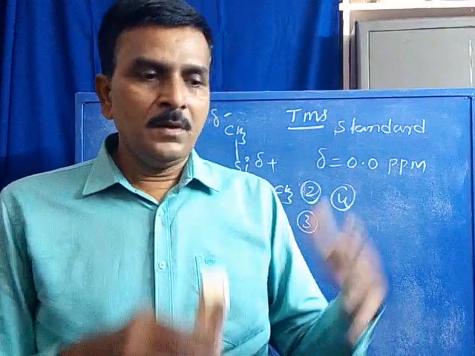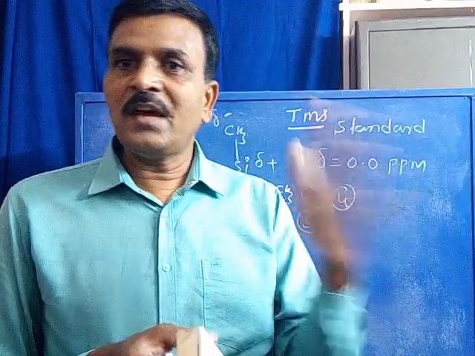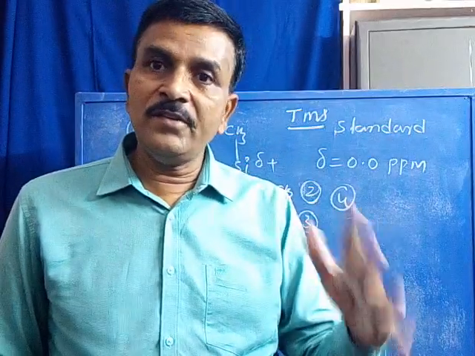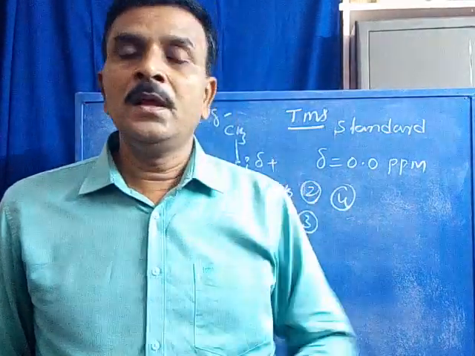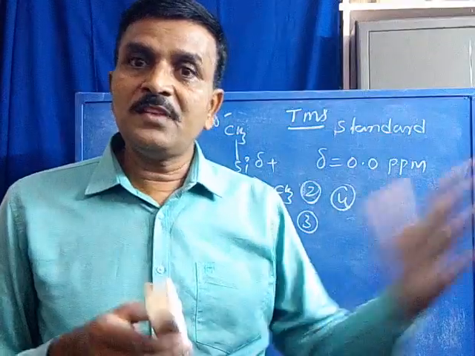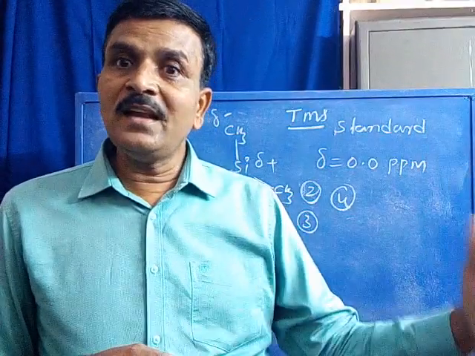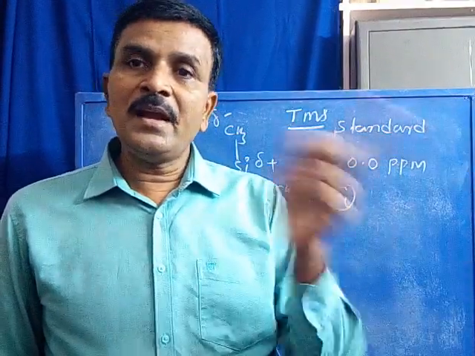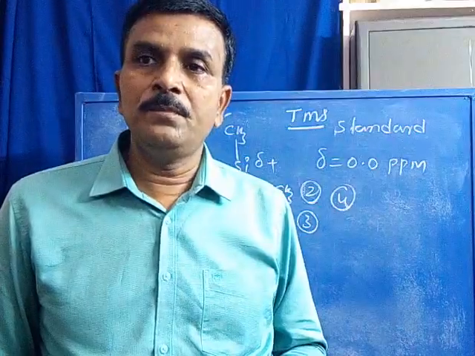What happens in the spectrum? The solvent signals do not appear because we chose a non-protic solvent. Protons are absent, but the spectrum contains a signal for TMS and a signal from the sample molecule.